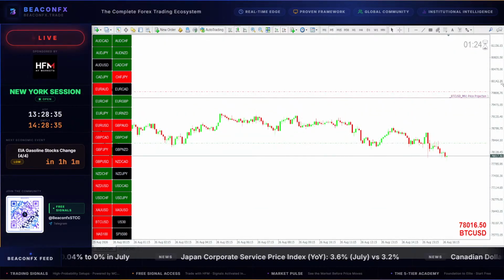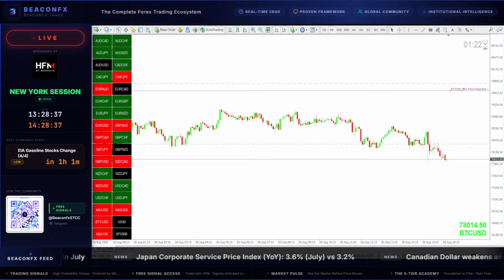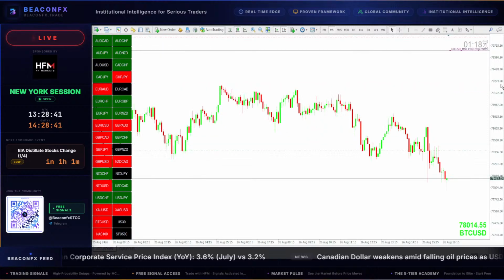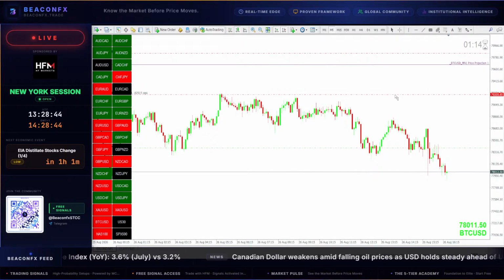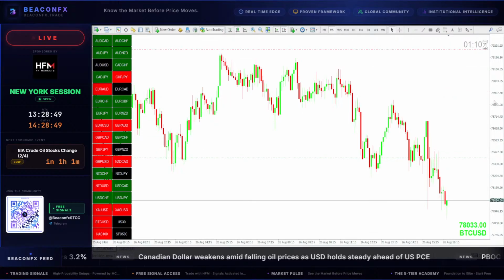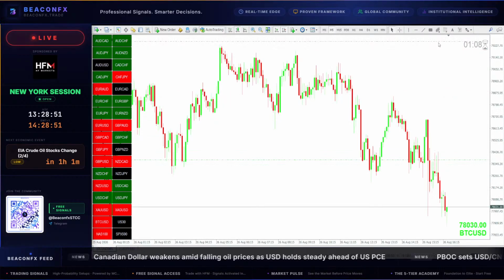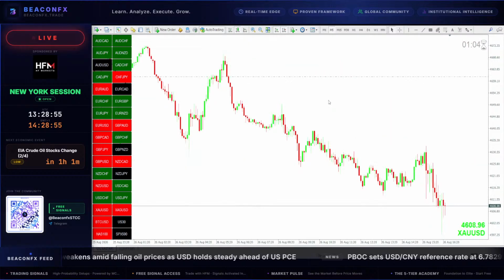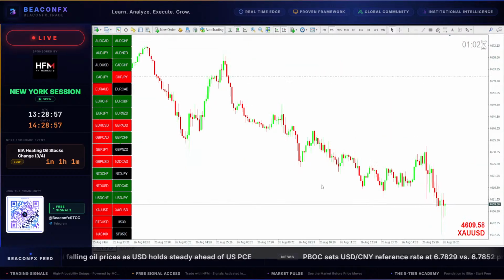So if price breaks above here or breaks above here, yeah, but okay, it's gone down a bit into the profit. Let me just move it a bit. Order executed. All right, that's good. So let's keep watching and let's see what XAU USD is currently doing.